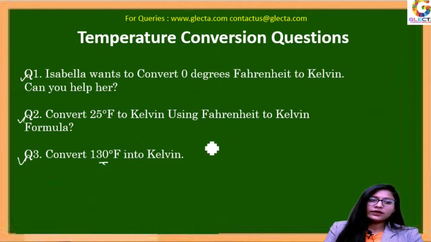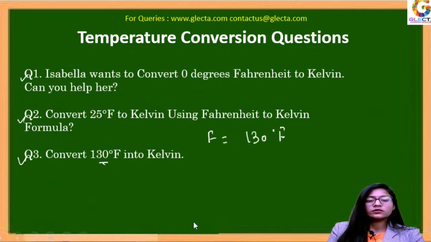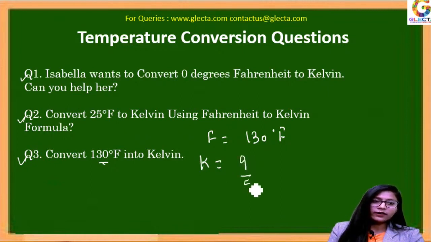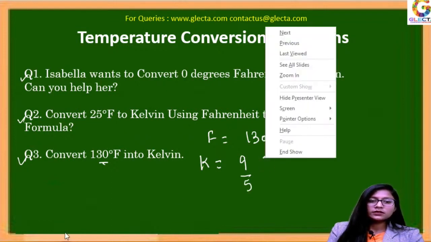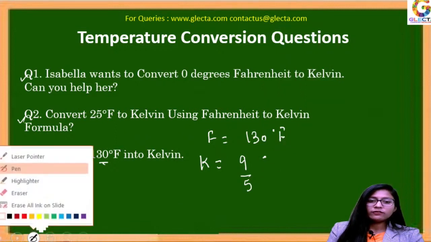Yes, let's do this question. If we have F equal to 130 degrees Fahrenheit, what formula are you going to apply? The Kelvin is equal to 9 by 5 times, oh sorry, it's not 9 by 5, it is 5 by 9.